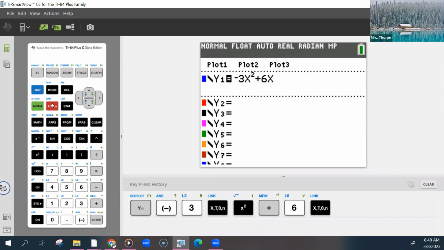Great, so put your equation into your y equals. Go into y equals, type in number 6's equation.